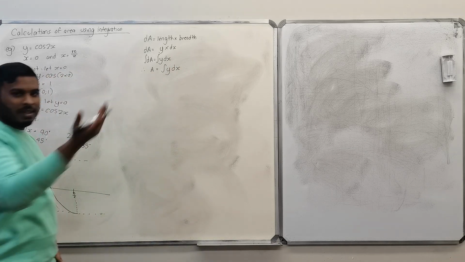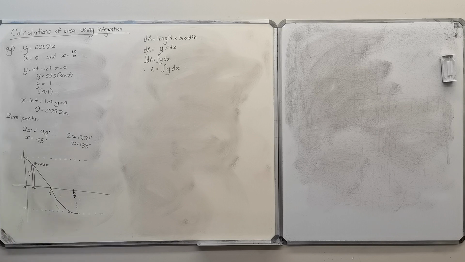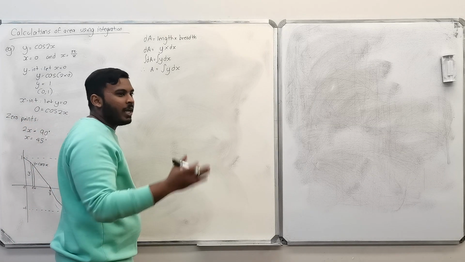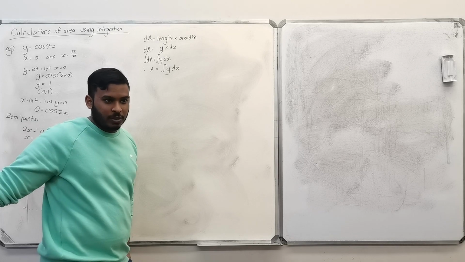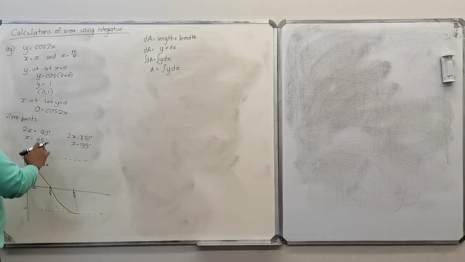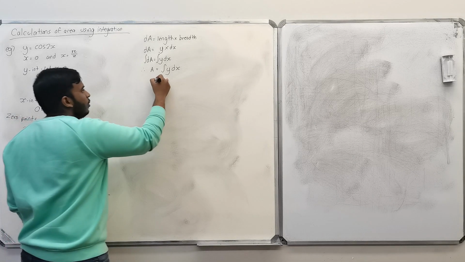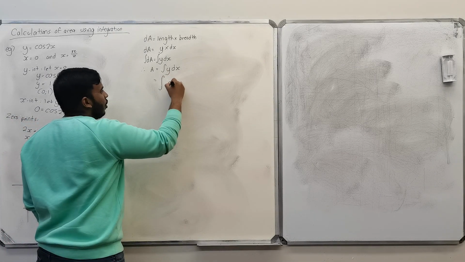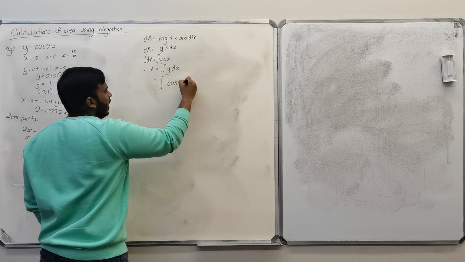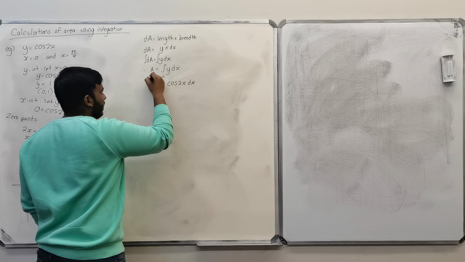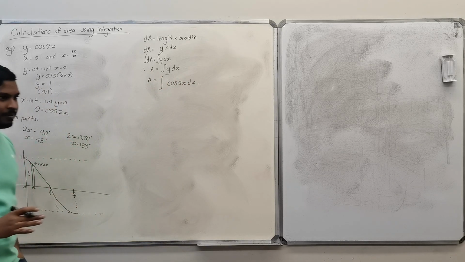It's sort of like a standard thing, right? You're always going to have the whole first portion first, and you must have that because they give you a mark for that still, right? Then, this is not in terms of x, so we can't integrate that with respect to x. But the equation it's equal to is with respect to x. So you are integrating cos 2x dx. That's the area we are looking at.